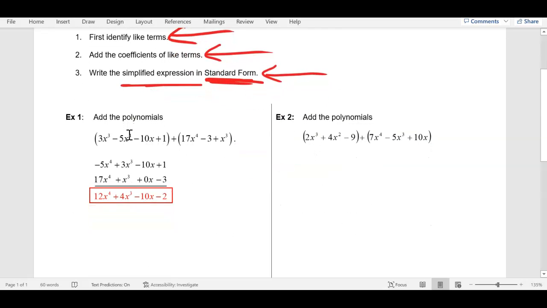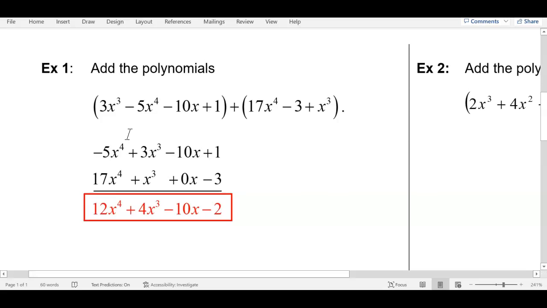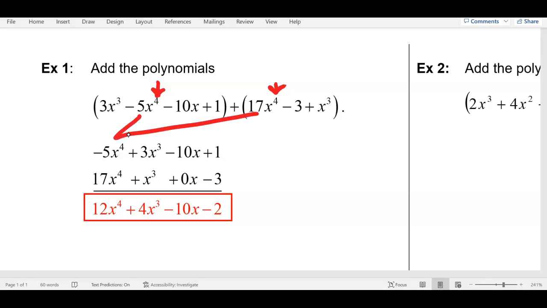Okay, now, example 1's already done, but I can tell you what they did. They found the highest power. What's the highest power you see here? 4, highest power, the highest exponent or degree. So they combine those. Negative 5 plus 17 gives you 12.